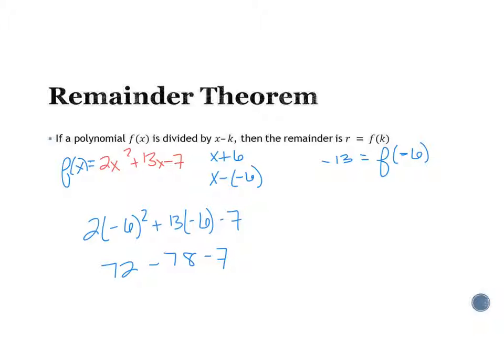So 72 minus 78 minus 7 is negative 13. So this says if you do division, your remainder is going to be the same thing as if you were to evaluate for that number right there.